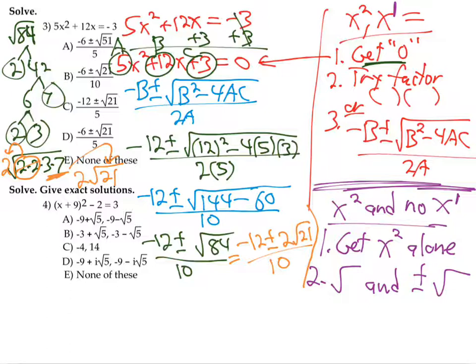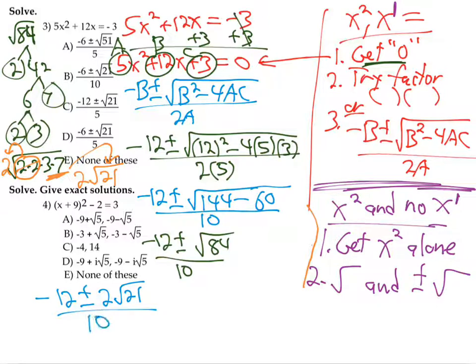Everybody seeing that? Let's bring it down. So minus 12 plus or minus 2 root 21 all over 10.